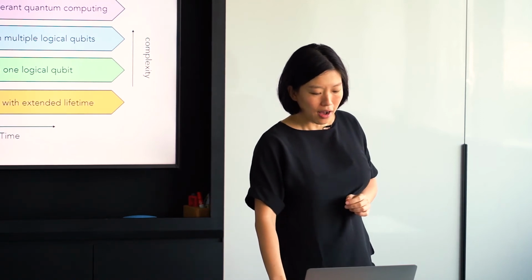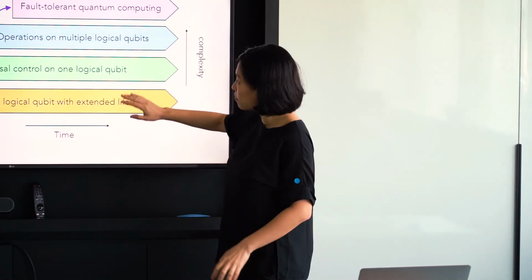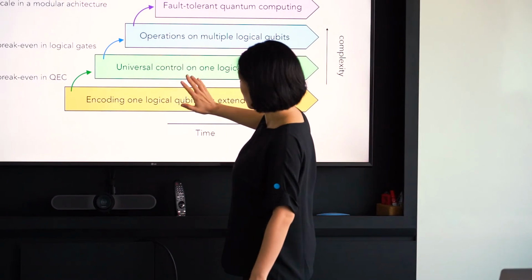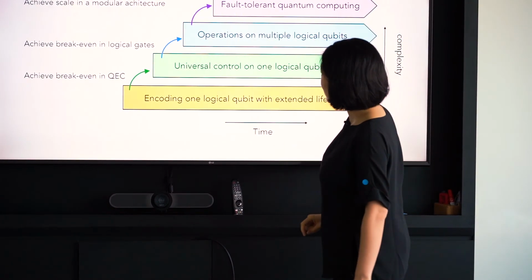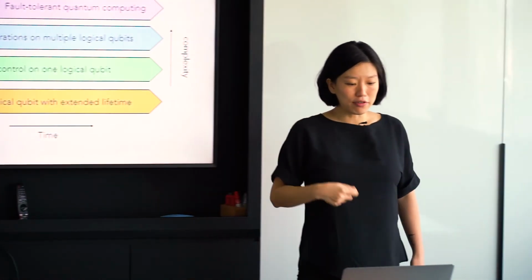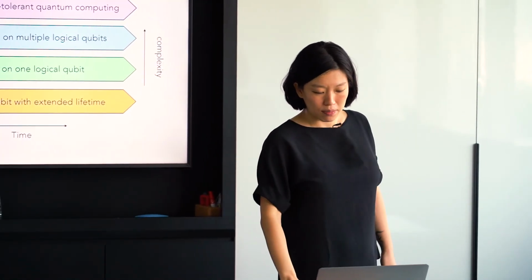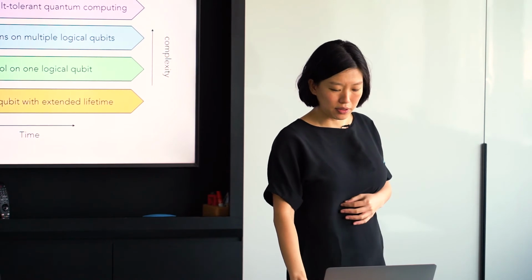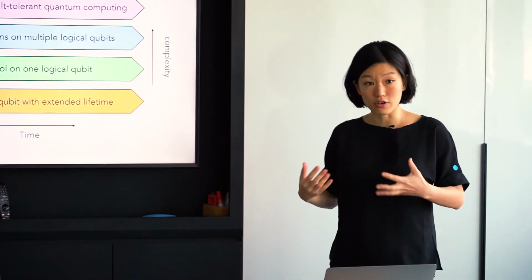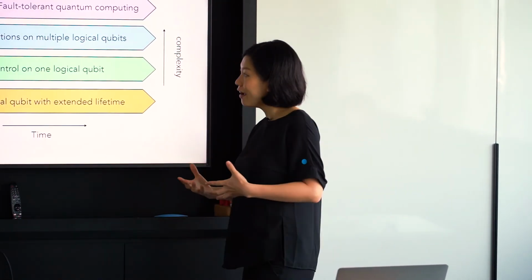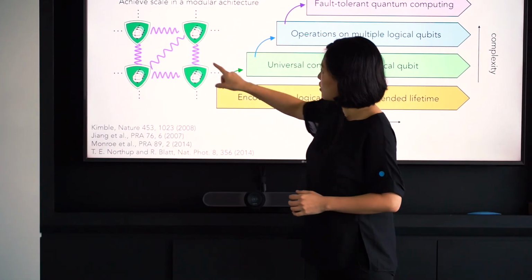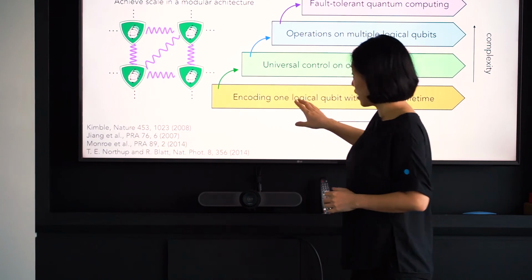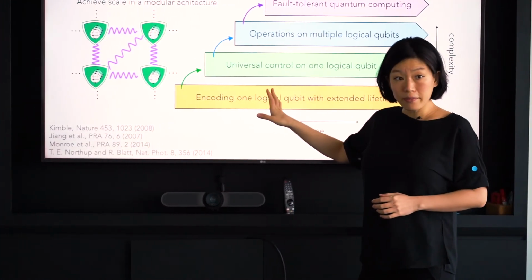Okay, so I think we're making pretty good progress on these first two, and there's more and more work showing up in this next jump. And we do have a good idea on what might allow us to make the final leap towards the construction of the larger fault-tolerant quantum computer. And in a very cartoon kind of way, you can think about that as basically just building individual elements that are corrected and that have control on them, right?